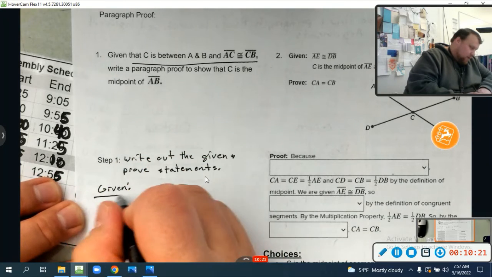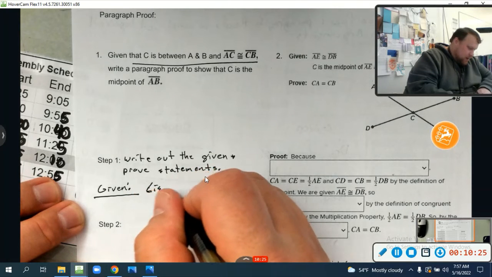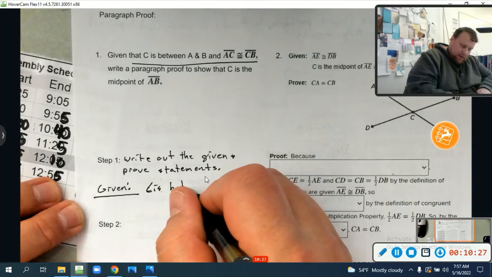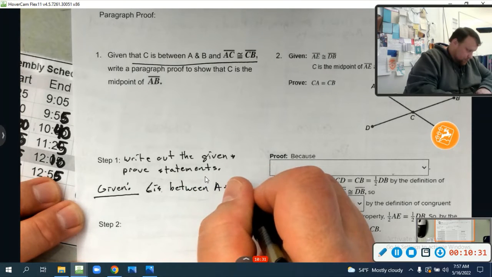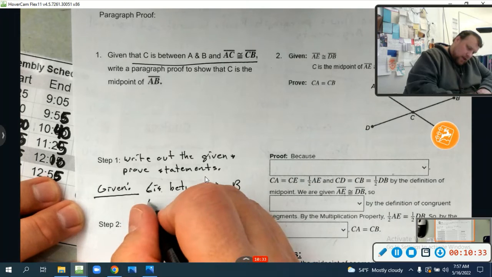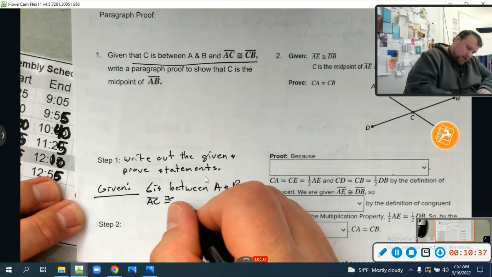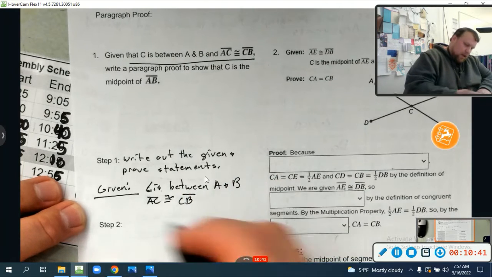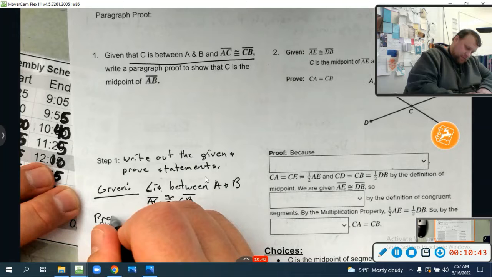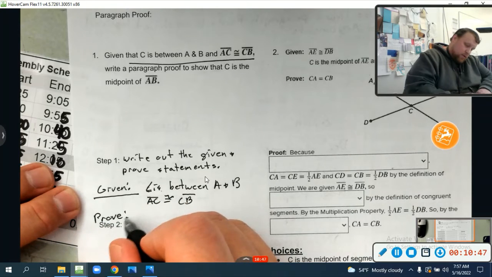And what were we given? C, just write the bigger C, is between A and B, and segment AC is congruent to segment CB. What do we want to prove? Your lesson will have a little more room here.